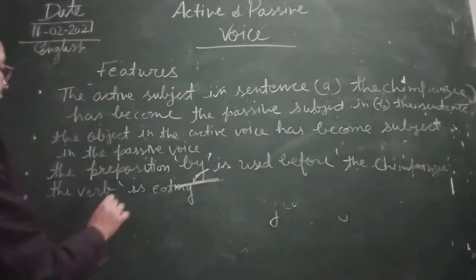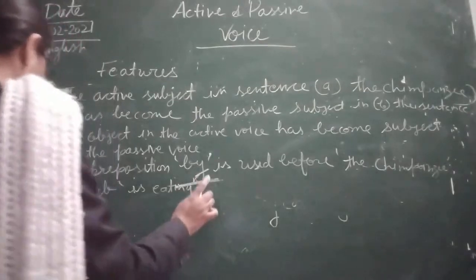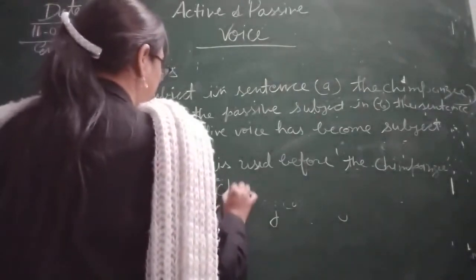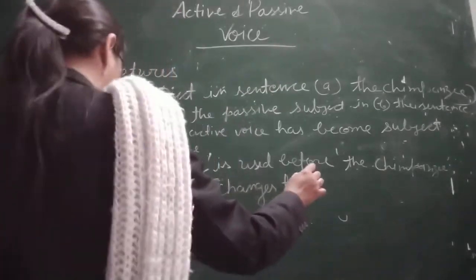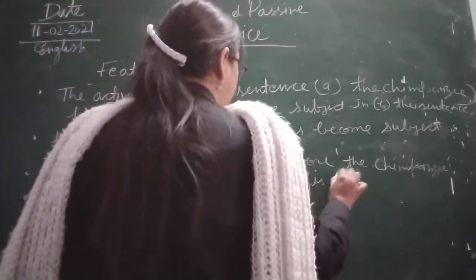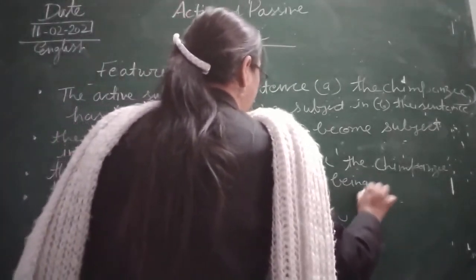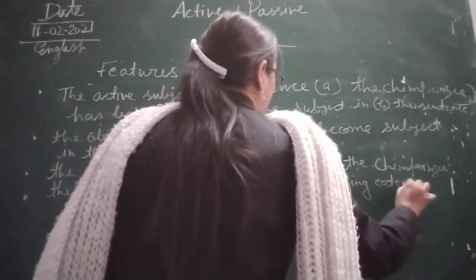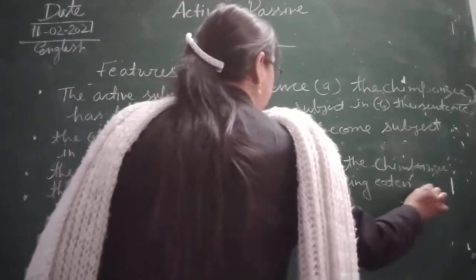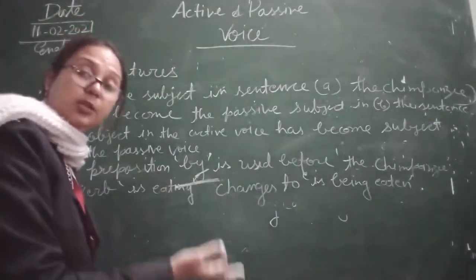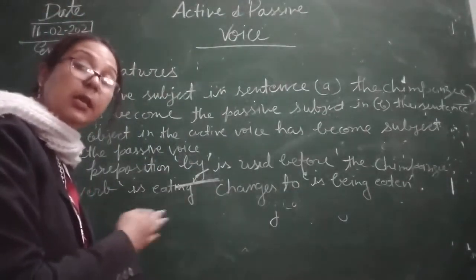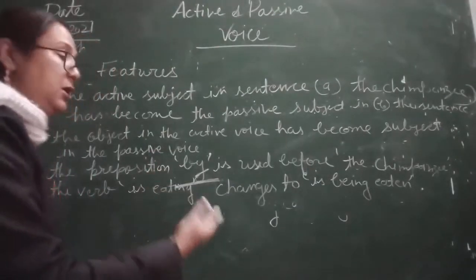Now here the verb is eating changes to is being eaten. Okay children, is being eaten. So this is also an important thing that we will change. Is eating becomes is being eaten.